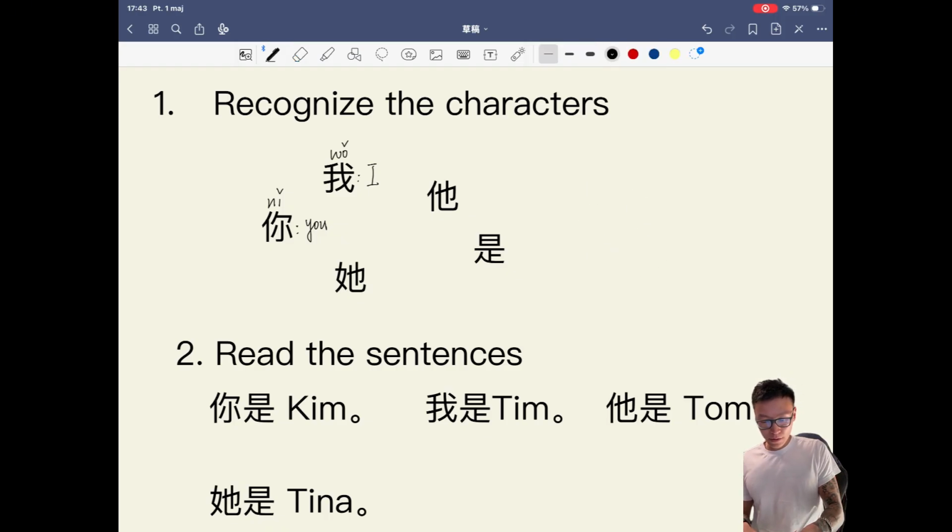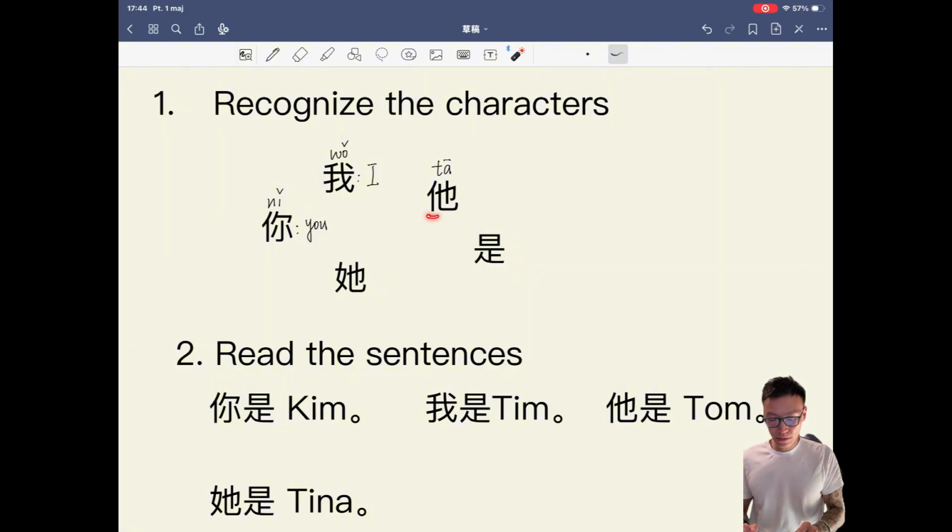The next character is here. What is it? Right, it's 他. Okay, is it he or she? Yeah, if you remember, I mentioned he has the same part as you on the left.